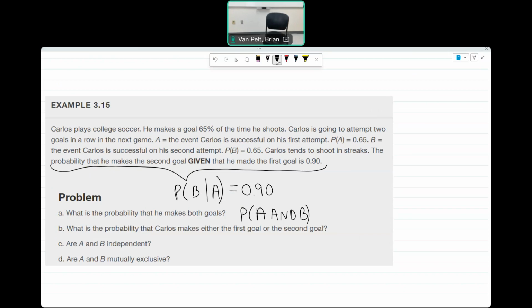You should have these two formulas handy on your paper as you're looking at this problem.